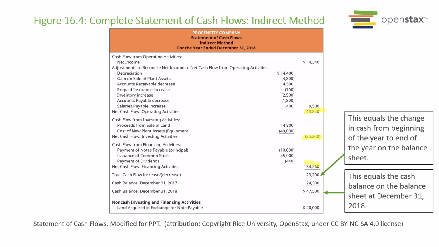So 13,840 minus $25,200, or plus a negative $25,200, plus $34,560, and we should get $23,200, which is the amount in our change column from our balance sheet prep.